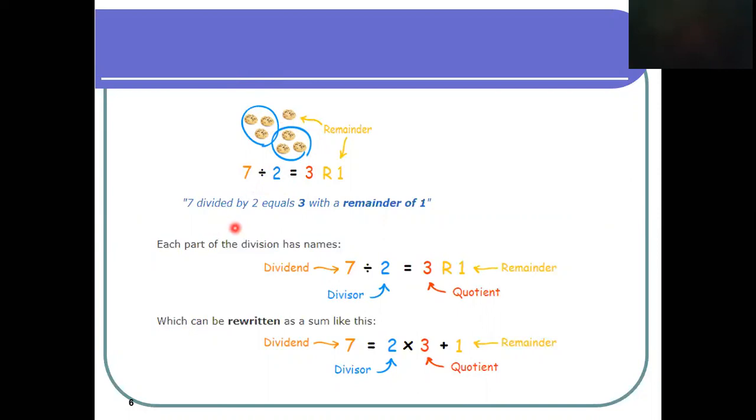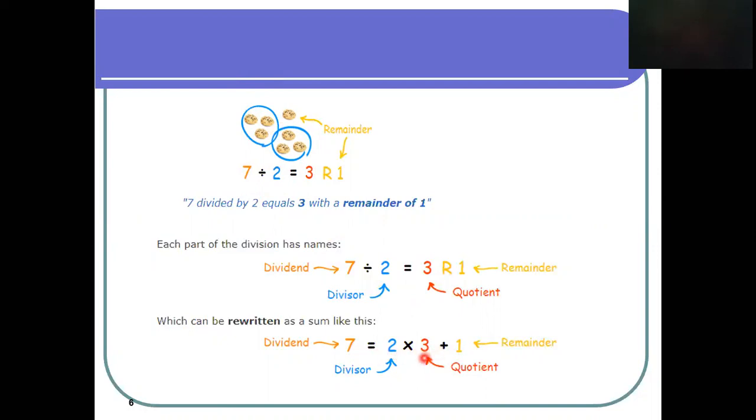So 7 divided by 2 equals 3 with remainder 1. It can be written as 7 is the dividend, 2 is the divisor, 3 is the quotient and 1 is the remainder. It can be written as 7 equals 2 times 3 plus 1.